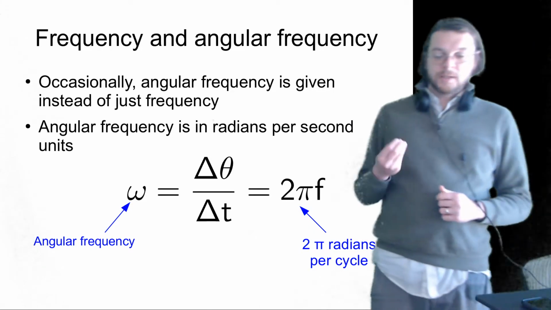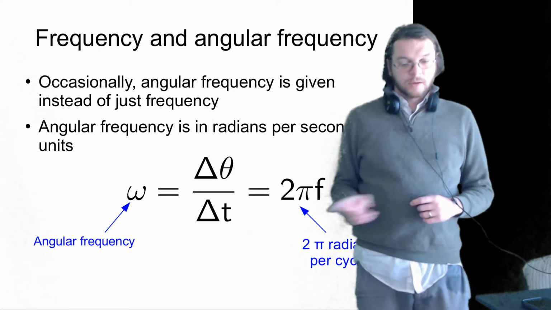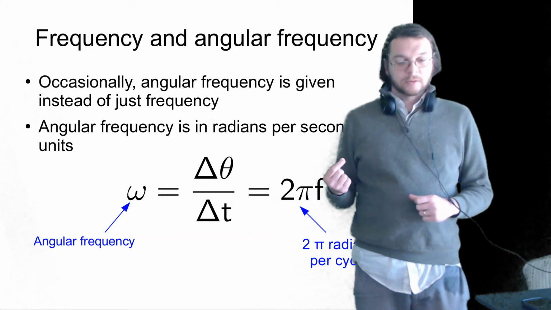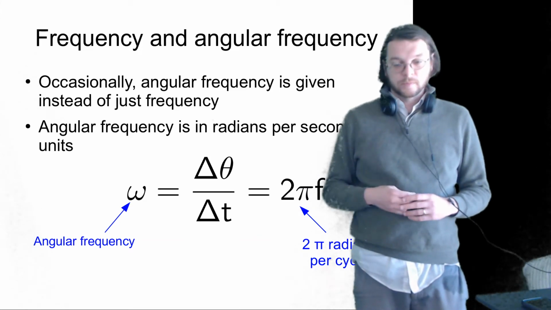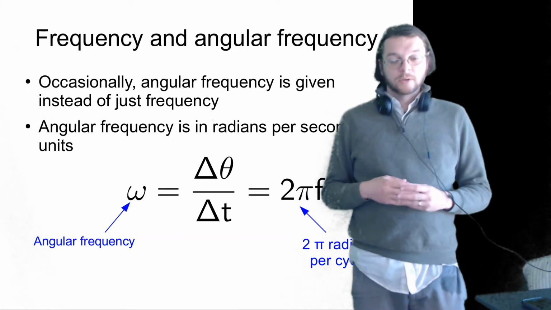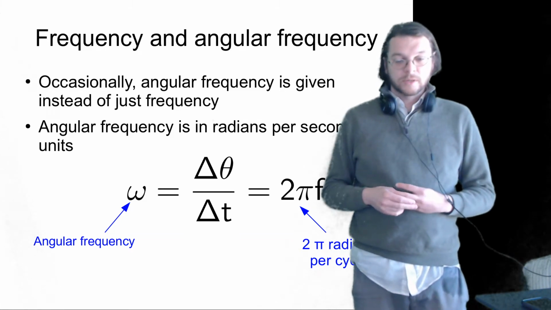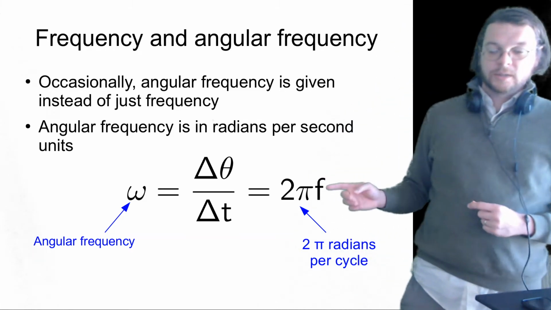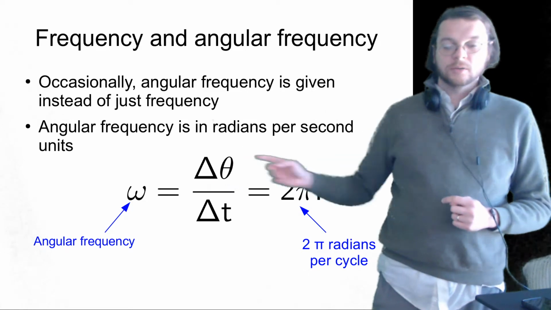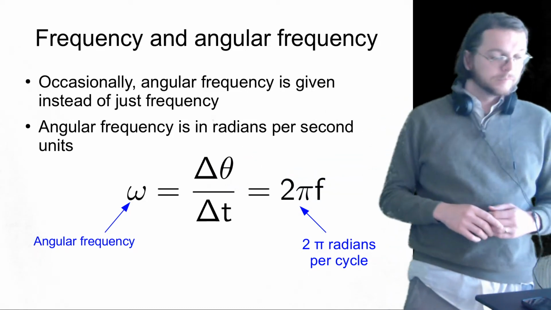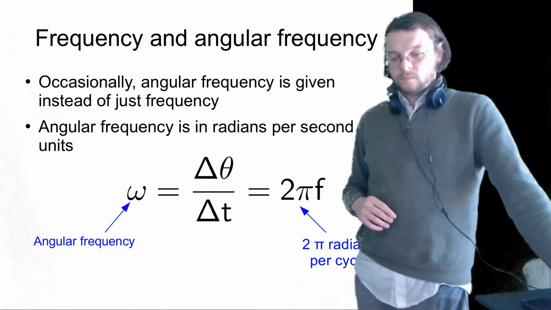Because it's radians per second, and we're talking about cycles, every circle has a total of 2 pi radians. So to go from cycles per second to radians per second, you just multiply by 2 pi. Okay?